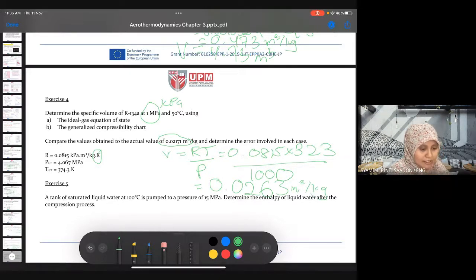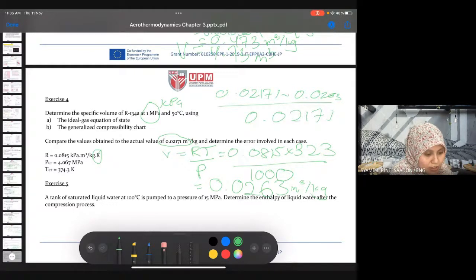So we can calculate the difference, the percentage of difference. Normally we calculate the absolute value: 0.02171 minus 0.0263, divided by the actual 0.02171.